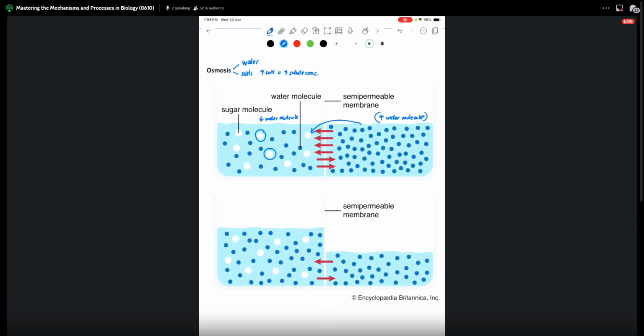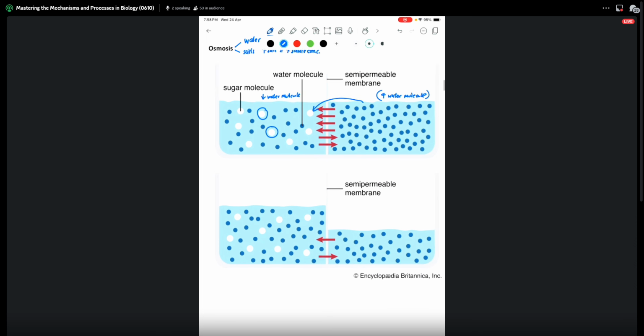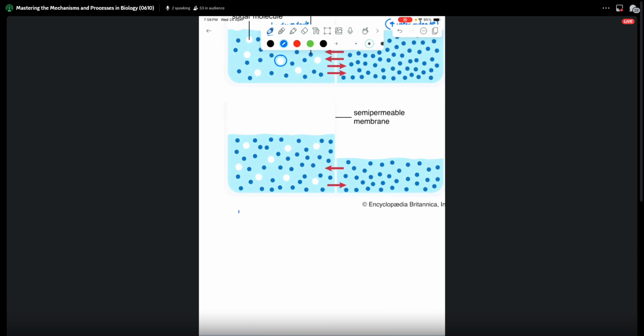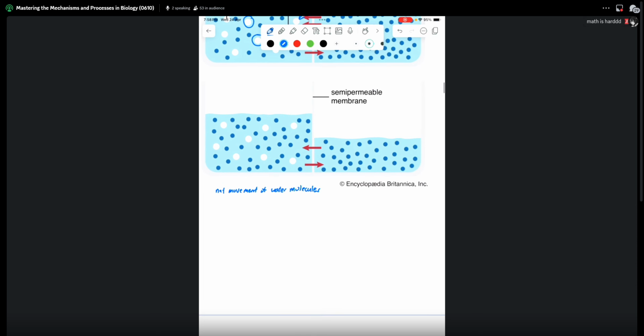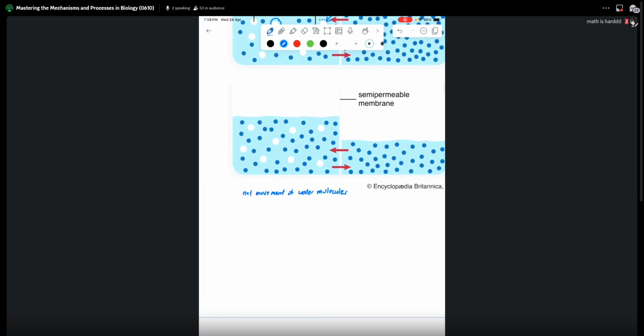So how would you structure your definition? It will be the net movement of water molecules. Apologies for my handwriting, I try my best because I'm also trying to not drag this too long. So net movement of water molecules from a higher water potential. Why would I say higher water potential?